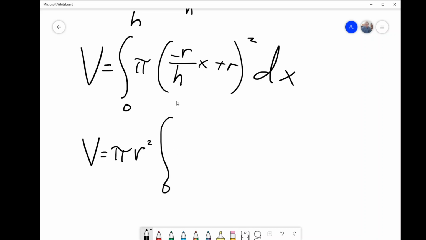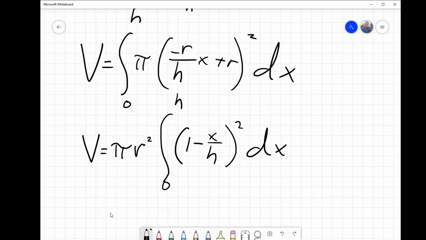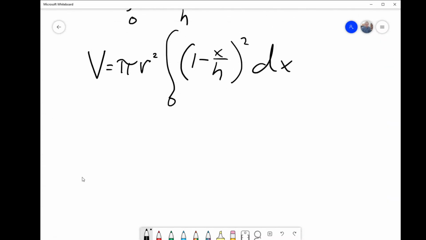So that gives us the integral from 0 to h. And if we reverse the order of terms inside because it's squared, that gives us 1 minus x over h, squared, dx. So now we have an integral that looks a little less intimidating. So V is pi r squared times the integral from 0 to h.